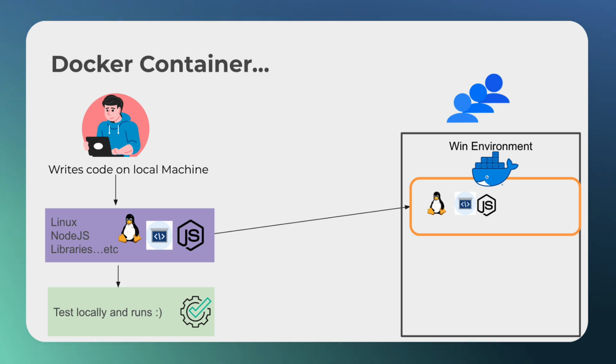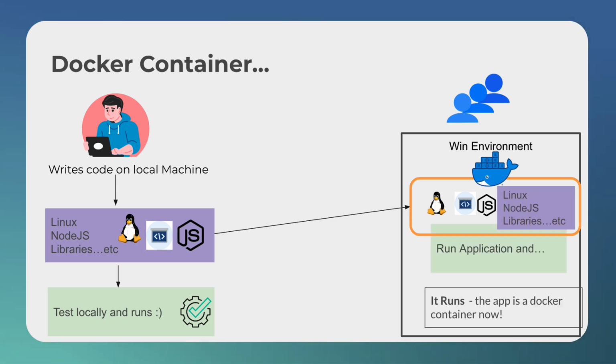So now, because we are containing, in this case, we have a container that has the libraries, the running environment, everything that is needed, the dependencies that are needed for this application to run, all that is packaged up and sent to, in this case, again, the Windows environment for our testers. And guess what?